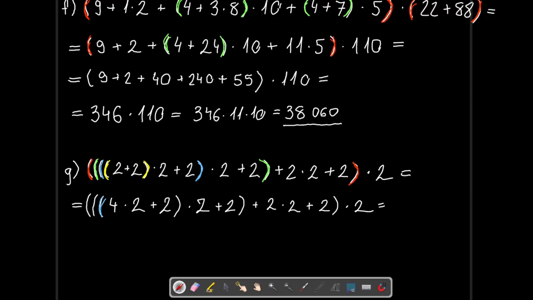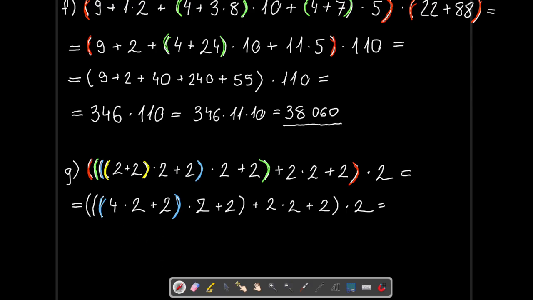Let's take a look at the blue bracket now. Inside of the blue bracket, we need 4 times 2 first. So let's just do that very fast. 4 times 2 is 8. And then let's add plus 2, which will give us 10.